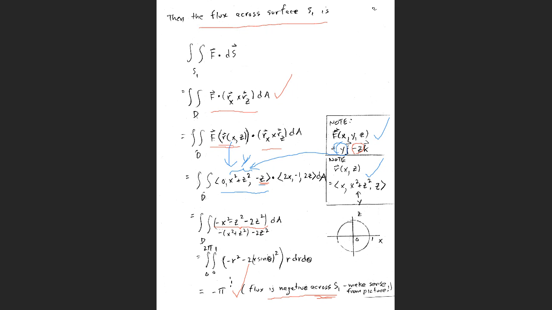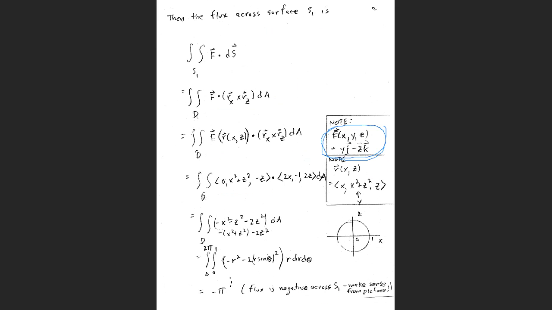Okay, so look at the vector field here. The vector field is yj minus zk.